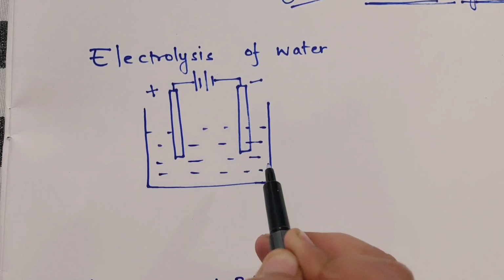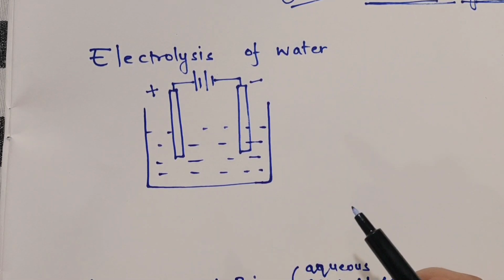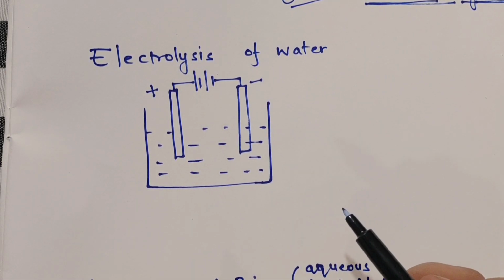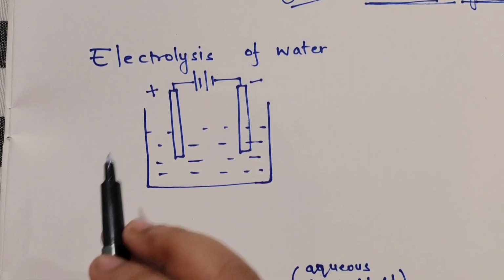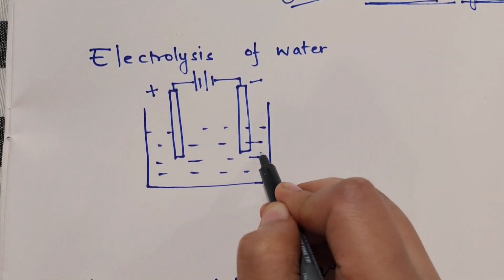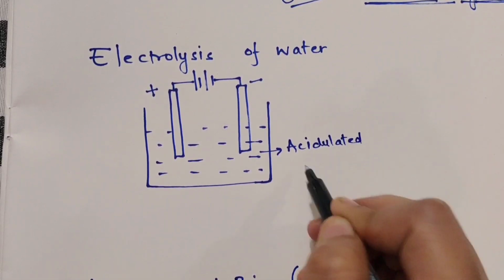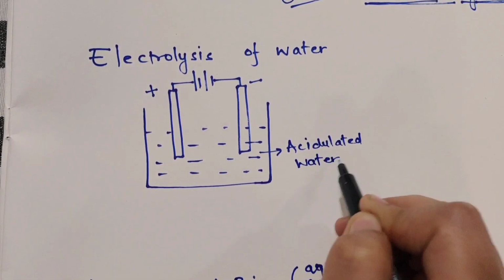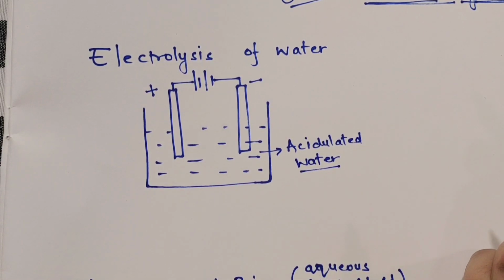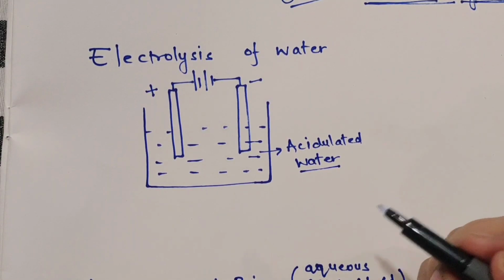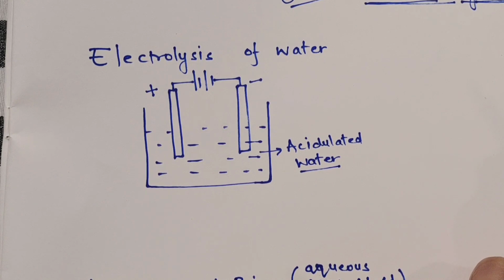There's going to be an electrolyte in all the electrolysis, but the kind of electrolyte would obviously vary. In electrolysis of water, the electrolyte that we use is acidulated water. Now this is also a very commonly asked question, what is the electrolyte and why acidulated water is used? Now, water in its purest form, that means just water, is not a good conductor of electricity.